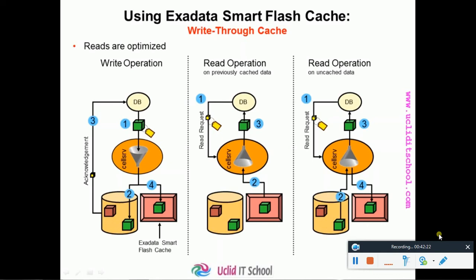No. See, it is for caching purposes. Instead of storing the frequently accessed data on the hard disk, you are storing it inside the flash storage. But because you have flash storage, don't think you don't need control files, or that if you lose control files you can use this. The procedure is the same. If you lose the control file, whatever procedure you follow on non-Exadata, the same procedure we need to follow on Exadata also.